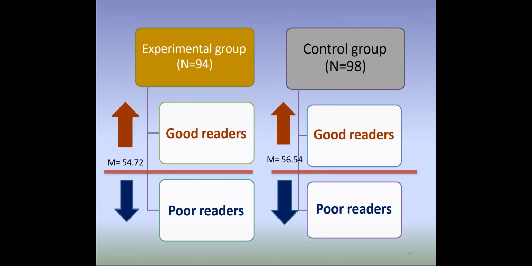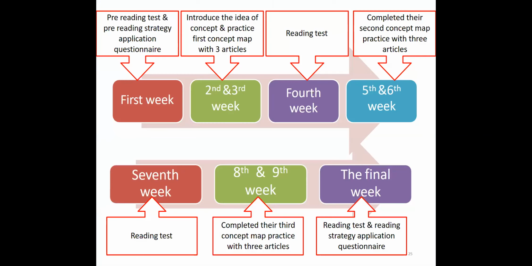The mean score for the experimental group is 54.72, and the mean for the control group is 56.54. The experiment lasted 10 weeks, and every class period was 2 hours a week.